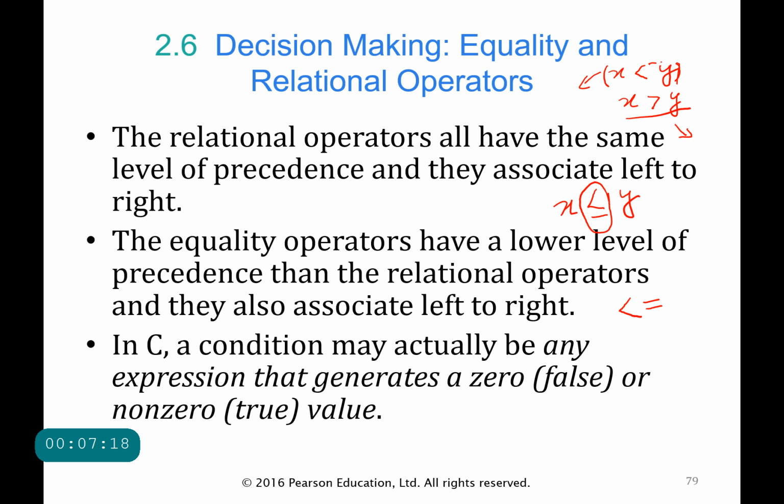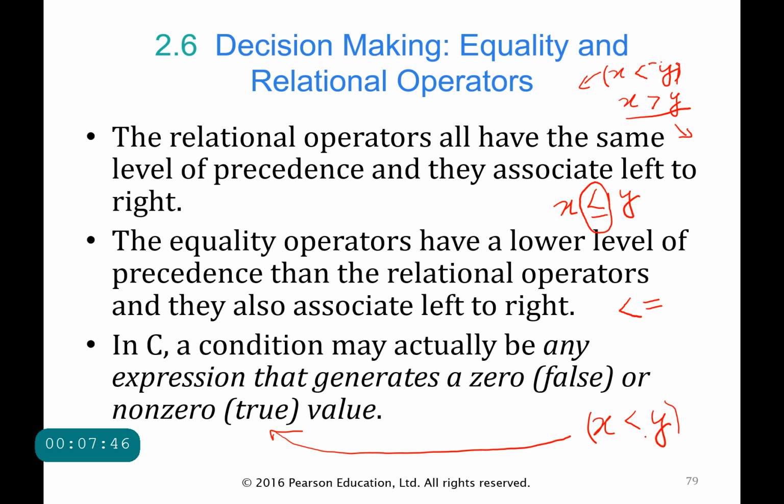Now, a condition may actually be an expression that generates a true or a false value. So, we could be testing the condition, let's say, x is less than y. This condition, if it is satisfied, will return a true value.